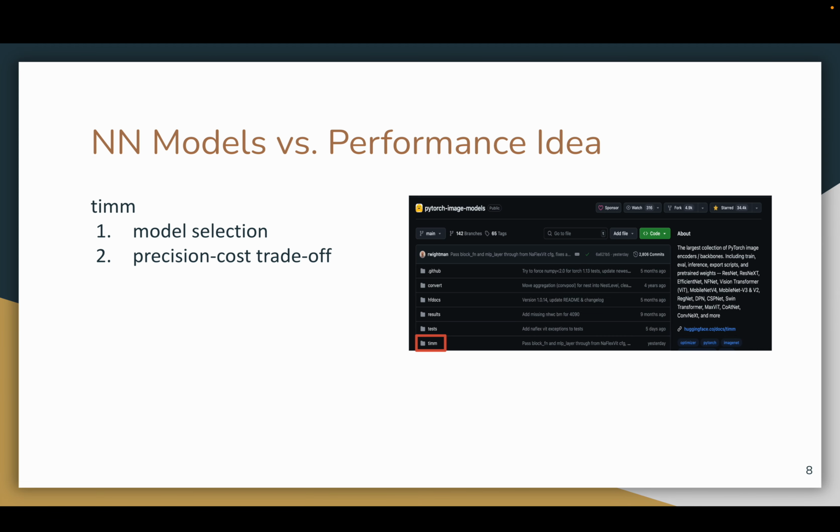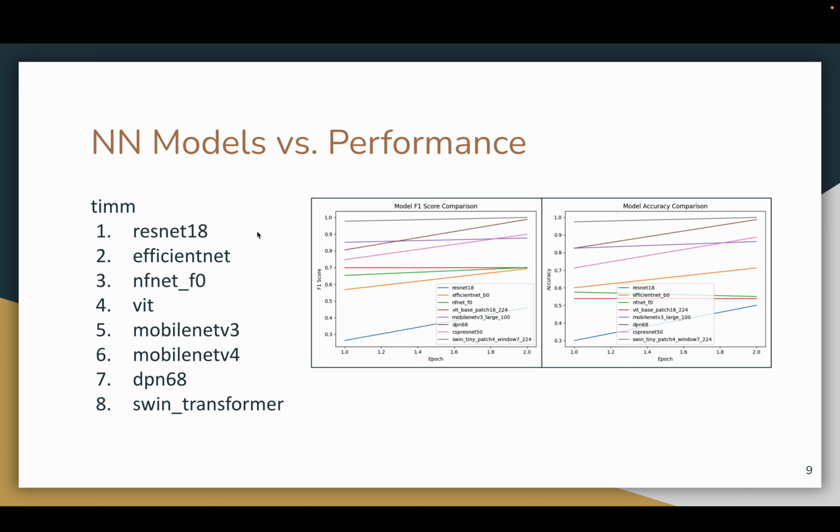We talk about how models affect performance, and we compare a lot of models, which are loaded by the timm library. We know that model selection is an important skill in machine learning, so this experiment is meaningful.